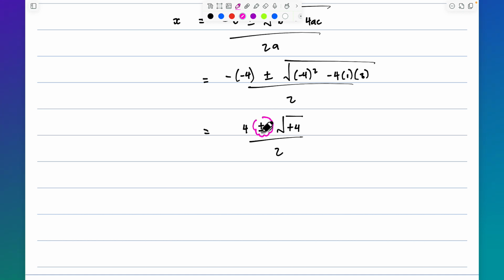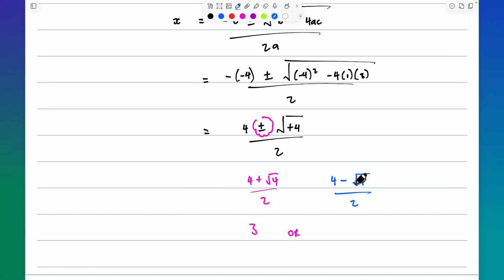You can either plug in as a positive, so it can either be 4 plus the square root of 4, divided by 2, which gives you a solution. What solution does that give you? That gives you 4 plus 2, that gives you 6, divided by 2, that gives you 3, right? That's your first solution. Or that sign can be negative, so it can be 4 minus the square root of 4, divided by 2.